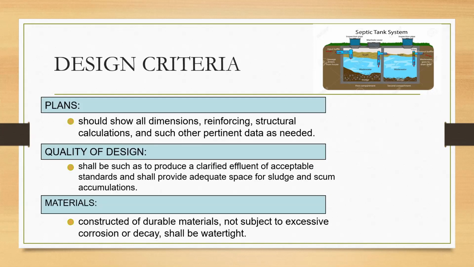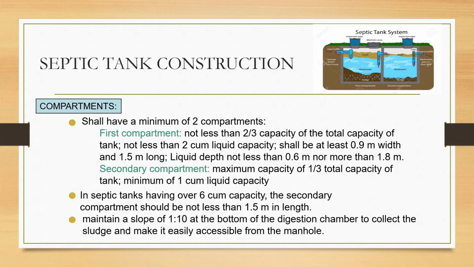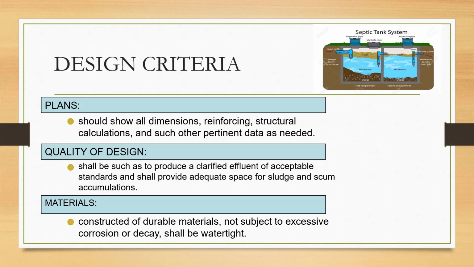So, design criteria. The plans should show all dimensions, reinforcing, structural calculations and such other pertinent data as needed. So for the plumbing plan, nandun po yung dimension, width, length, the depth of liquid of the tank. But for the reinforcing details, calculations, makikita po natin ito dun sa structural plan, which is made by the civil engineers.